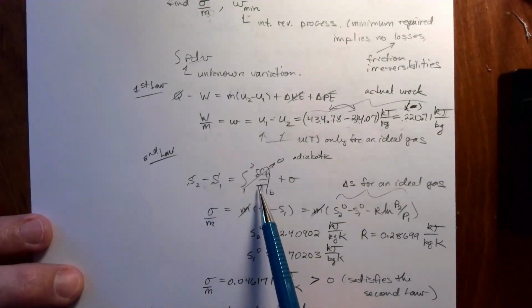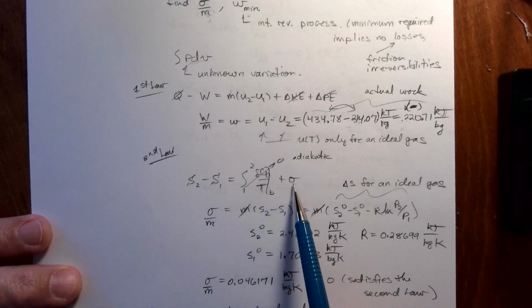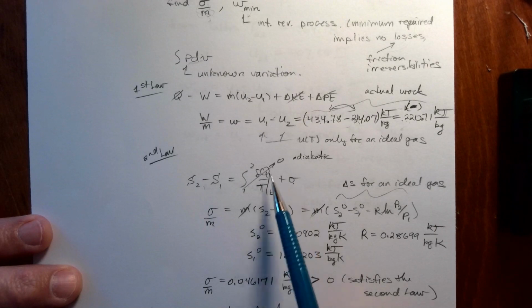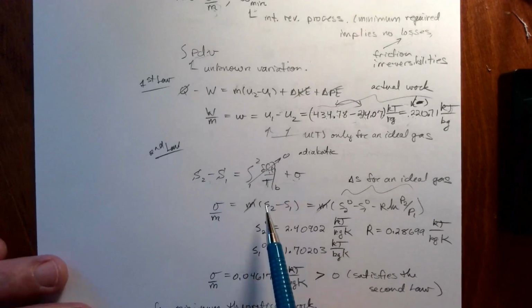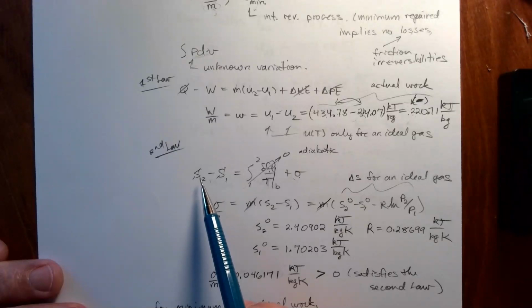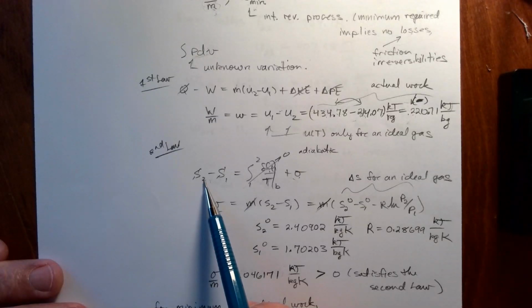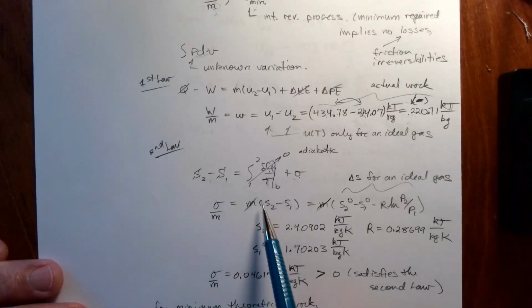S2 minus S1 is equal to the integral of dq over T plus sigma generated. It's an adiabatic process, so this term is actually gone. So for an adiabatic process, delta S is equal to sigma. So this is actually M times S2 minus S1.